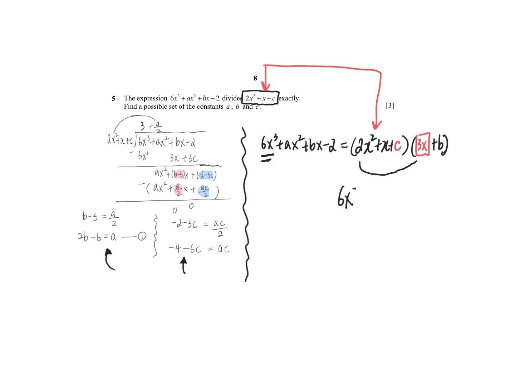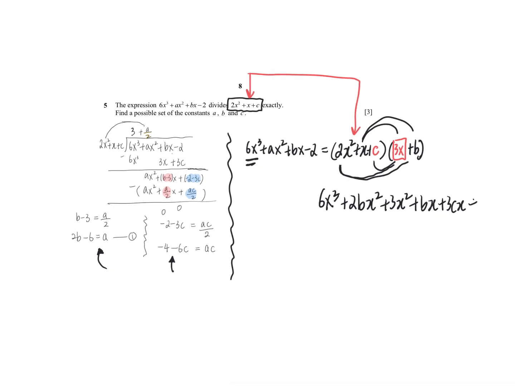This is 6x squared, 6x cubed. Then 2bx squared. Okay, and then 3x squared. And then bx, 3cx rather. And then finally bc.